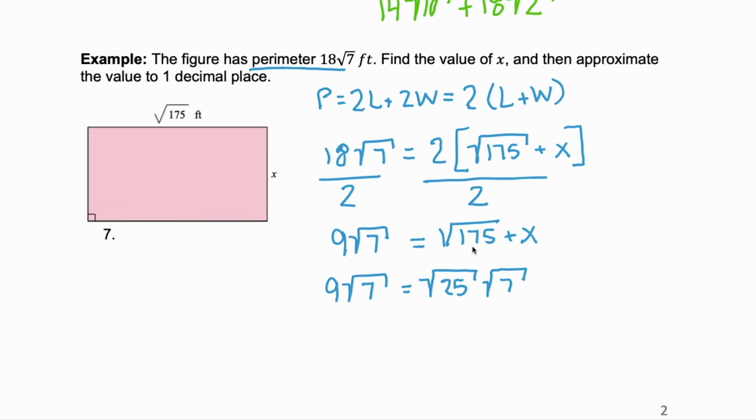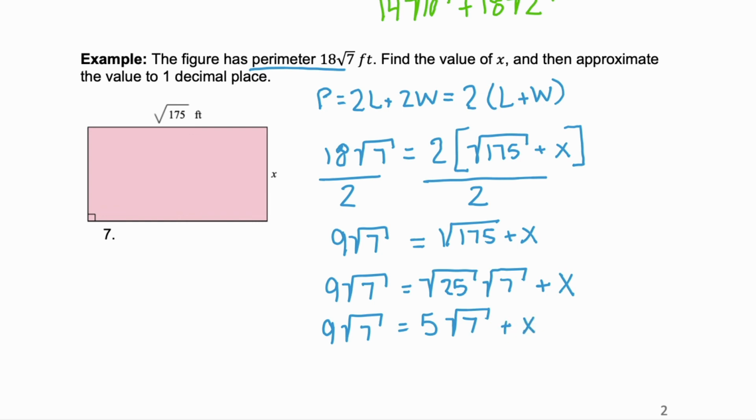So we can break the square root of 175 up into the square root of 25 times the square root of 7, and then plus our second term, x. Let's keep our left-hand side. Let's start simplifying the right-hand side. Square root of 25 is 5, and we know that we can't simplify the square root of 7.